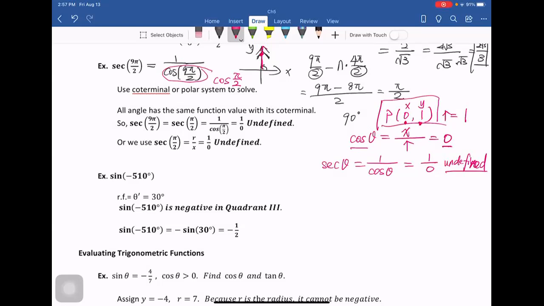That means I have my x and y's value and r's value. And then plug it into the cosine function equals x over r. That's 0. And then do the reciprocal, flip it, we get 1 over 0. We find this is undefined.